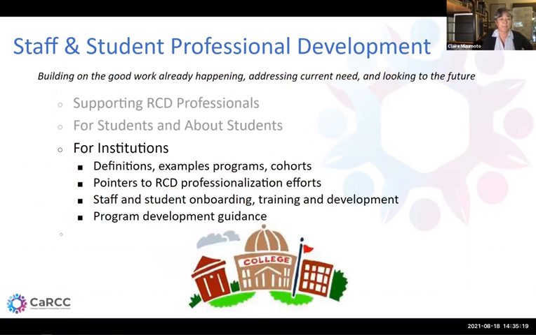Next slide. In the third area, we want to look at RCD from the institution's perspective. What resources we can provide to the institution to support their research, computing, and data programs and their professionals, and pointers and support to products like the RCD capabilities model for strategic planning and professionalization efforts, career arcs for program growth and improvement.